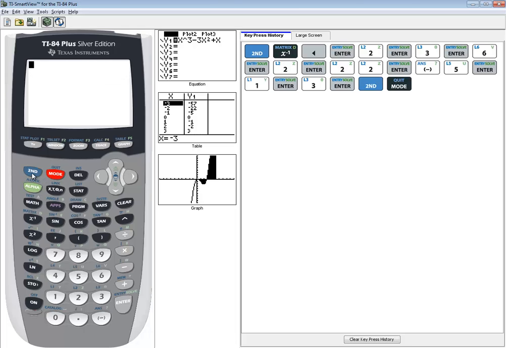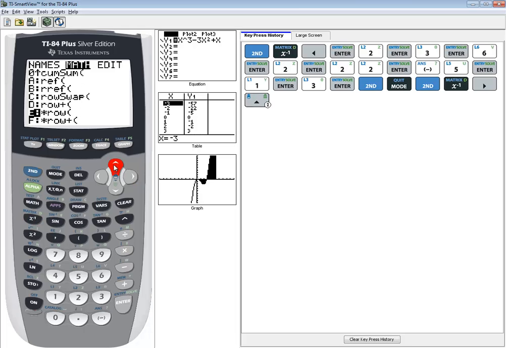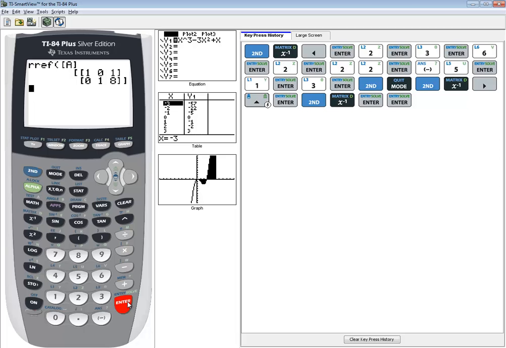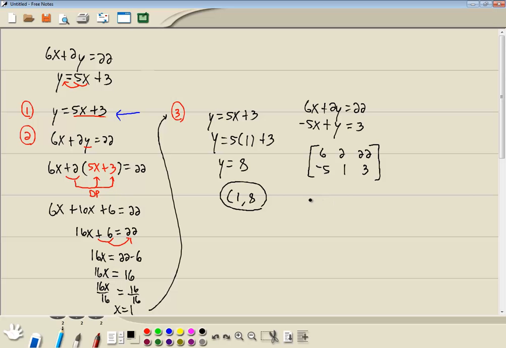Then I'll do second x negative 1, right arrow to math, up arrow to RREF. Press enter on it. Then I'll do second x negative 1, enter on A, enter again. And we end up with this matrix.